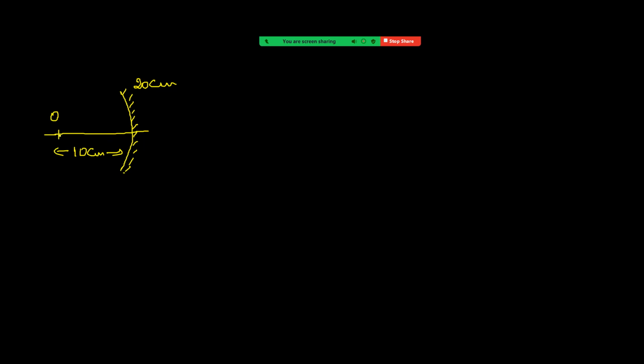So light rays are now traveling towards the right side. That means right of the pole is positive x-axis. This is now the pole. So right of the pole positive x, left of the pole negative x. That means object coordinate will be minus 10 centimeter, right? That is u. That's why distance 10.